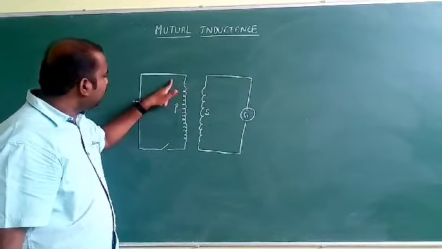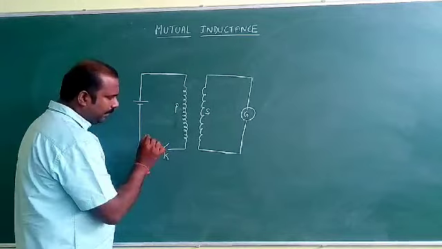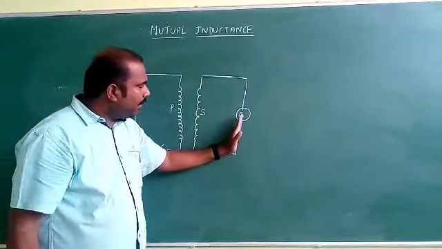The primary coil is connected to a battery with a plug key. The secondary coil is connected to a galvanometer.